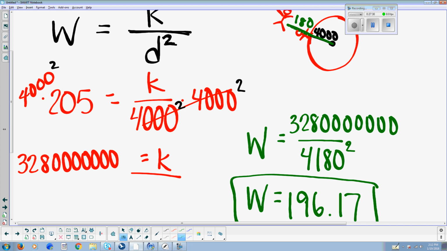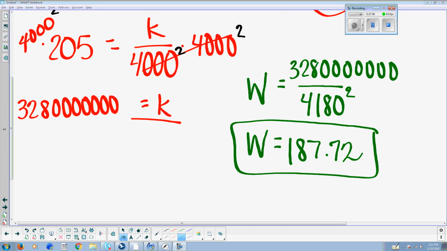And we get 187. 187 still isn't as small as I thought. 187.72. That should be correct. Okay, so I stood back and looked at that, and I do believe that we have the correct answer this time. Sorry for the mistake on the first time through. Now you see I am a human being that makes mistakes.